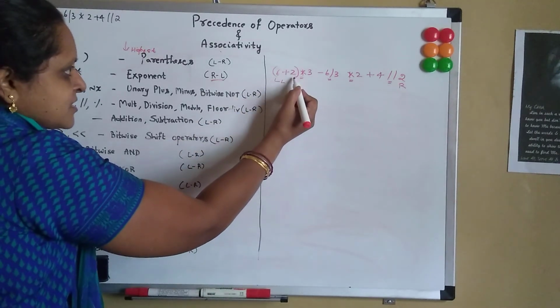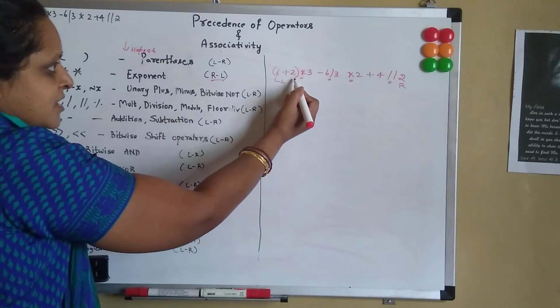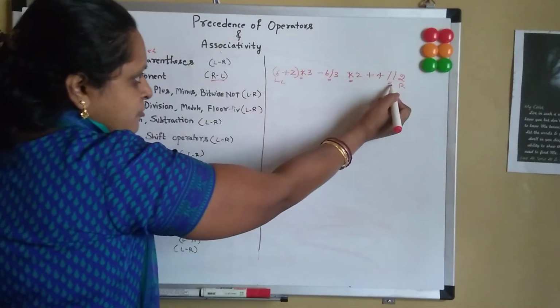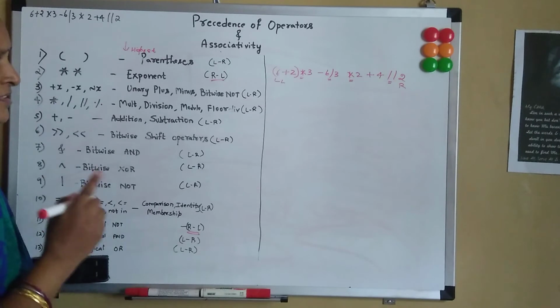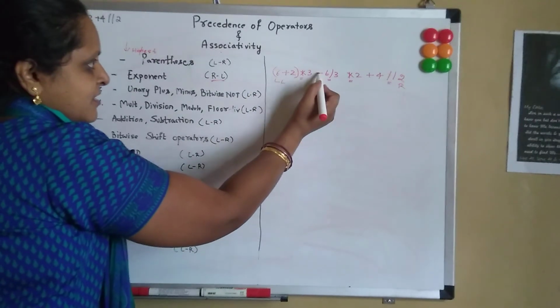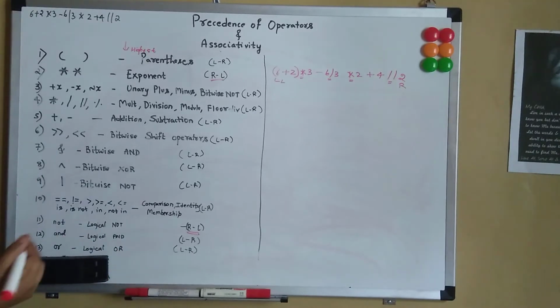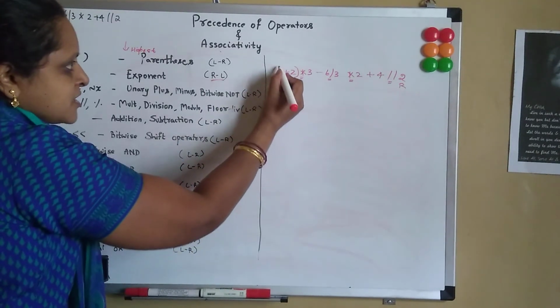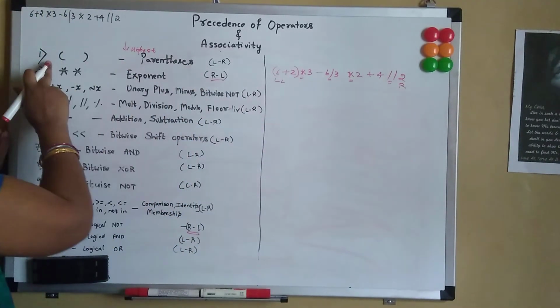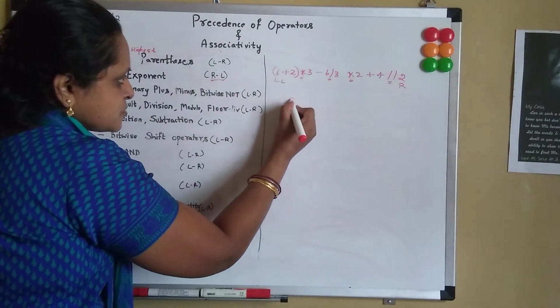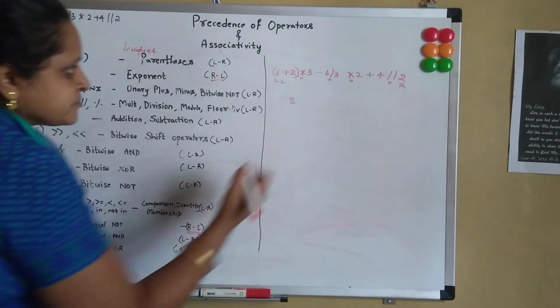So the one with parenthesis gets solved initially, and then multiplication, division, into and floor division get solved at the next level, and then the minus and plus get resolved. So now let's see how it works. Parenthesis is at the highest priority and it has to be solved first. So 6 plus 2 becomes 8.